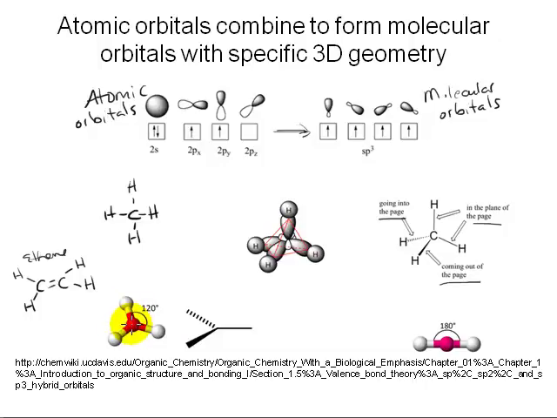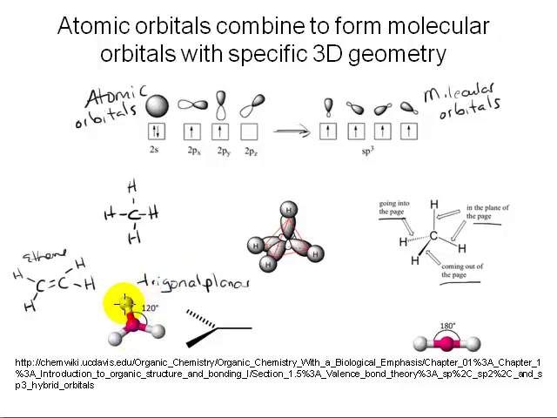And this is going to yield a molecule that's not tetrahedral, but has an overall trigonal planar 3-dimensional shape. So it's a flat plane, and all of the atoms lie within that same plane. And you'll remember from general chemistry that that third p orbital doesn't disappear, it's unhybridized.